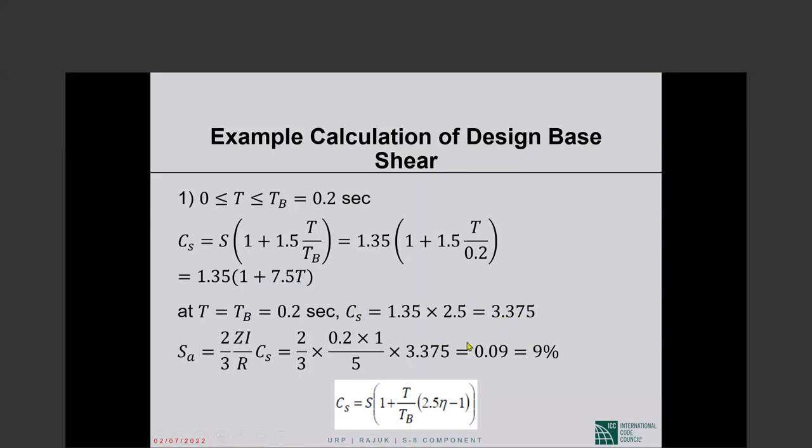That's C sub S. S sub A is 2/3 Z I over R times C sub S, as we saw on the previous slide. So 2/3, Z is 0.2, R is 5 for an intermediate moment frame, I is 1, and C sub S we just found is 3.375. So S sub A comes to 0.09. That is the spectral acceleration, 9%, or 0.09. Anyway, it's a number, the spectral acceleration.